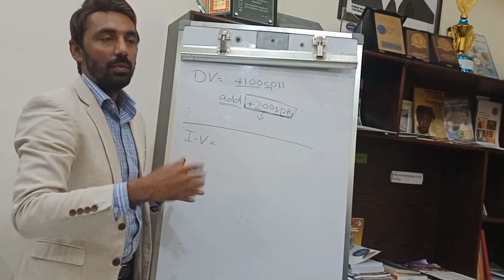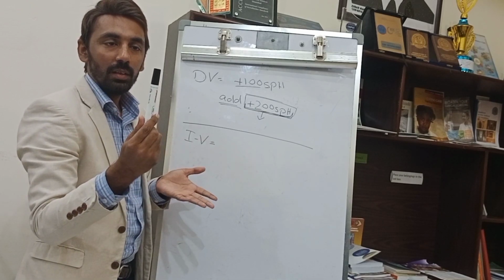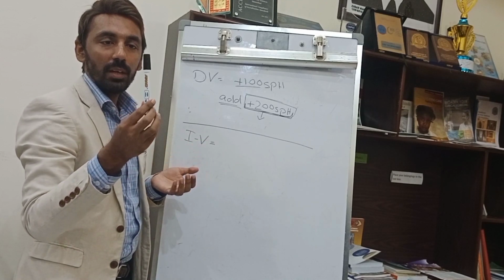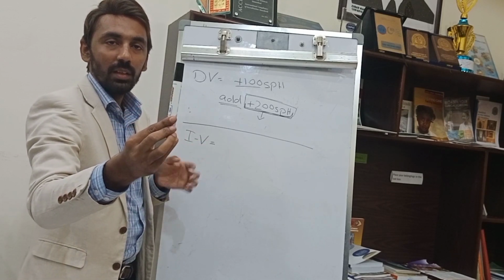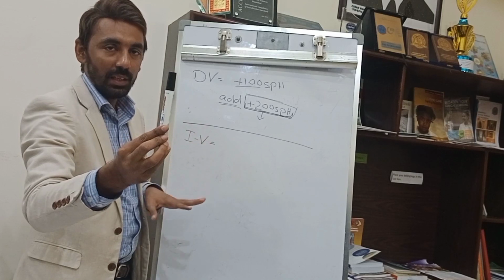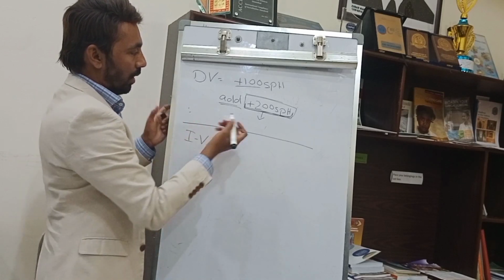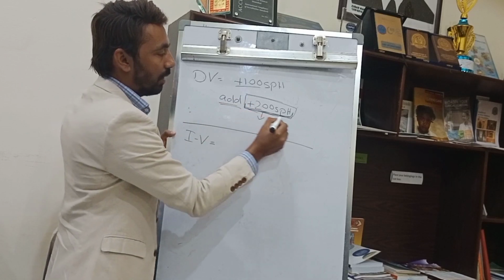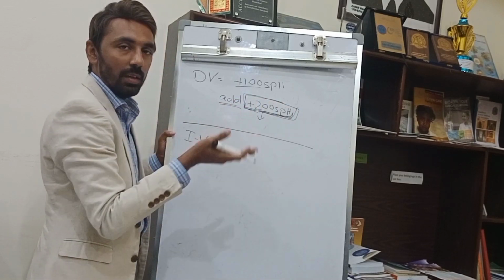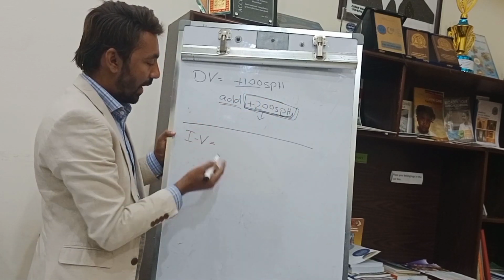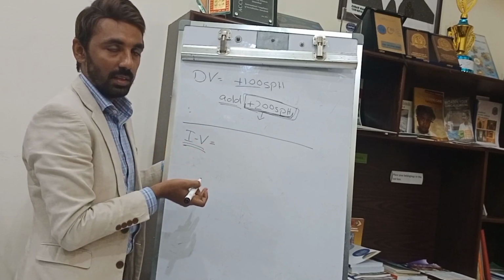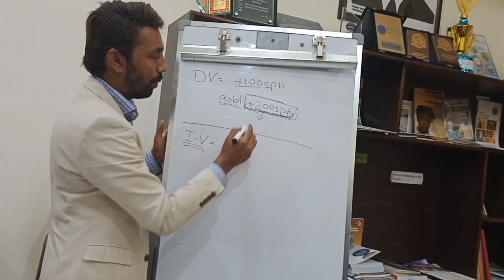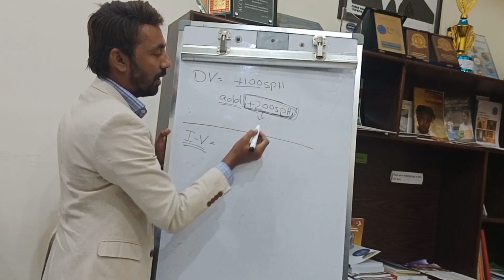So if the object is closer to me, I require a greater plus power. It means if I require correction for reading, then the addition will be in higher plus power, and if I need it for intermediate distance, then I require less plus power. So we have to reduce this plus power.